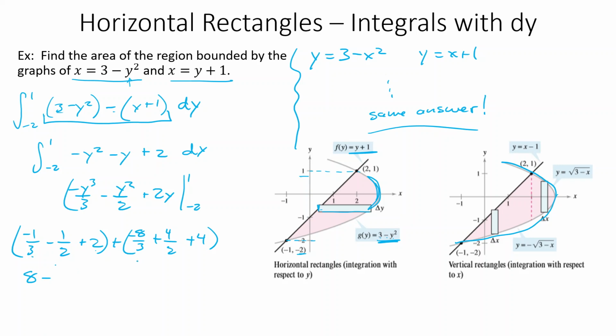Minus 8/3 minus 1/3, so that's minus 9/3, and minus 1/2. So this is 3. 8 minus 3 is 5. 5 minus 1/2 is 4.5 again. Yeah, we got that earlier. So that area is 4.5, and it would be the same thing if we did the area between those two.